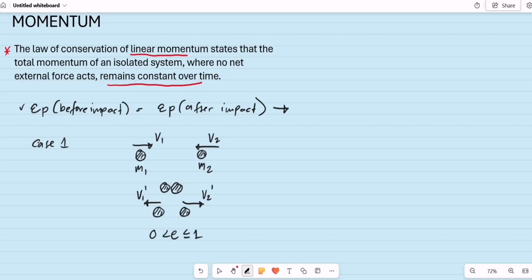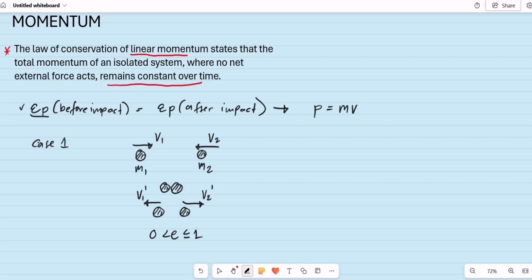So what will be our equation? From the law of conservation of momentum, the summation of momentums before impact should be equal to the summation of momentums after impact. If we are to recall, how do we compute for momentum? It is simply the mass times the velocity.